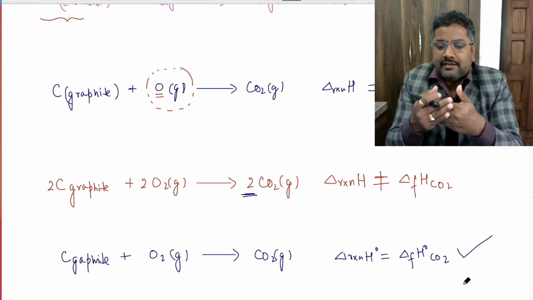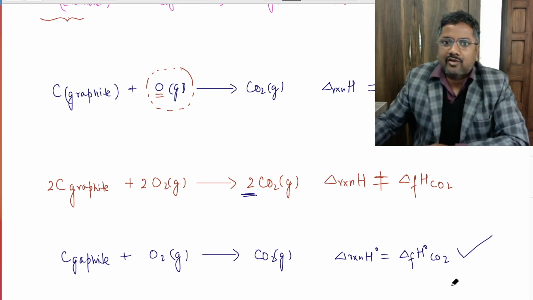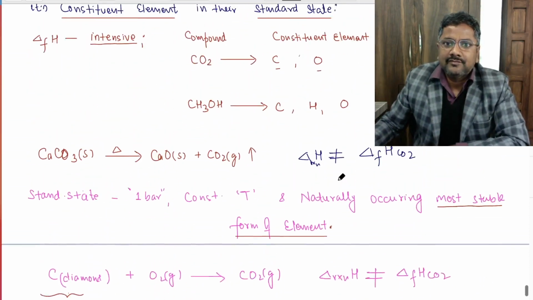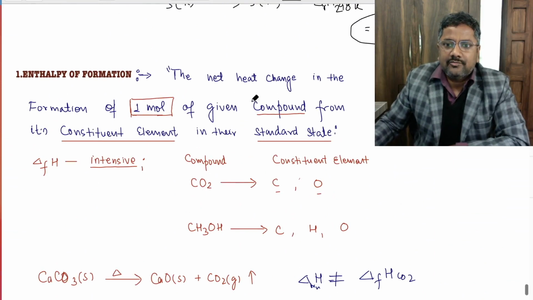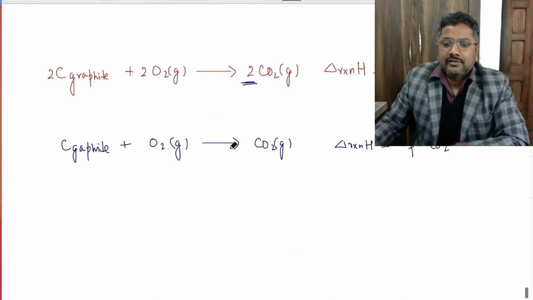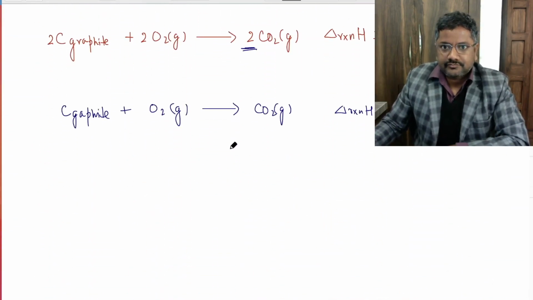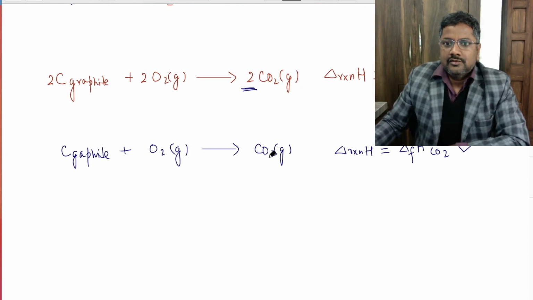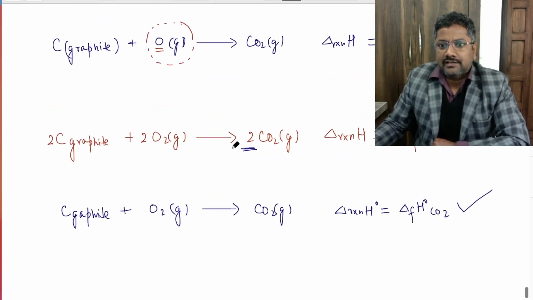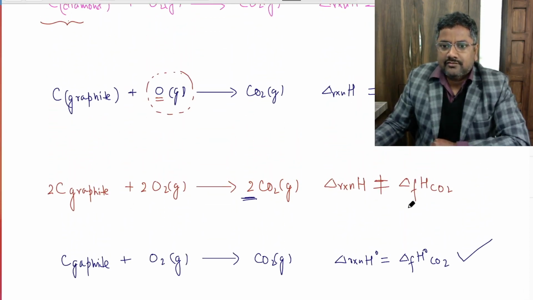Reaction designing for the formation is very important, and whenever you are writing the definition, you have to include all these key points in your definition, right? This is the correct equation for the enthalpy of formation of carbon dioxide, right?